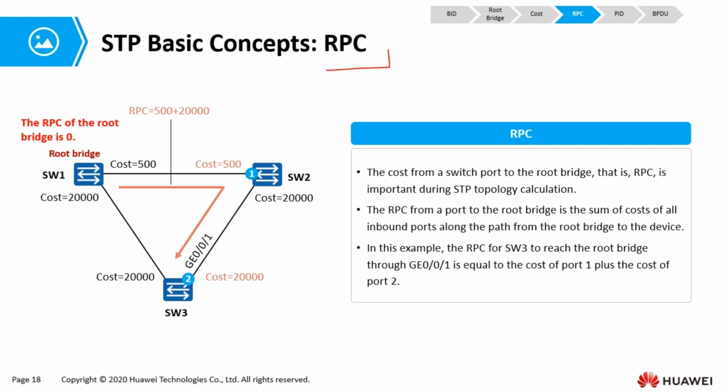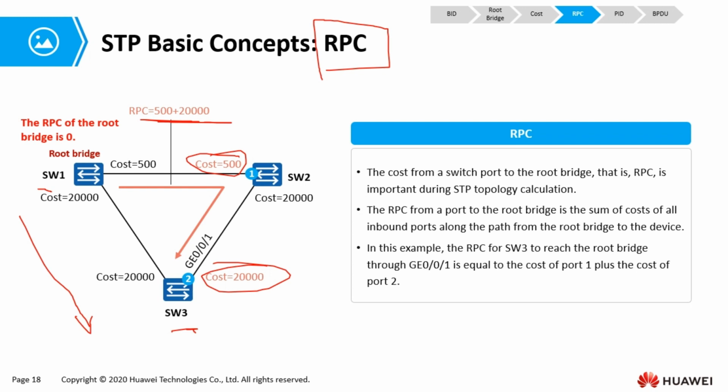Next, we will see how to calculate the root path cost. I already mentioned how: for switch 1 sending data to switch 3, you calculate the 500 and the 20,000, and add them together. This is the root path cost. Basically, we need to calculate the root path cost because you have different routes to forward your data.